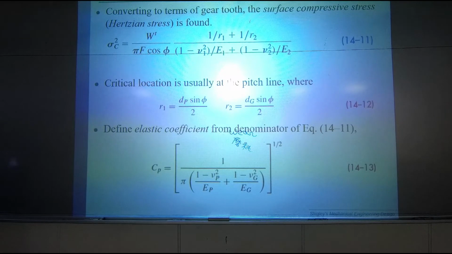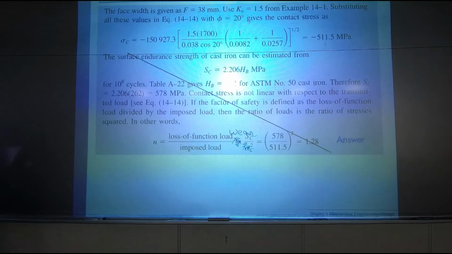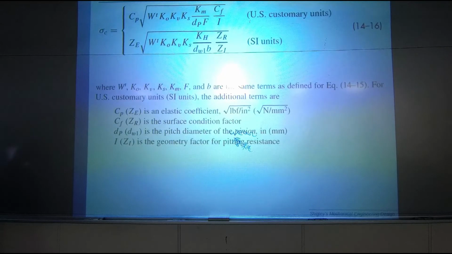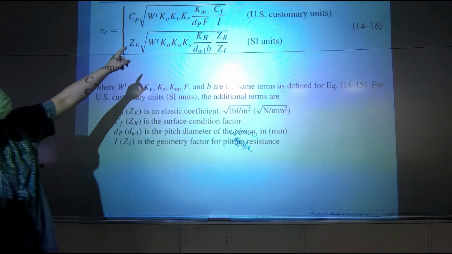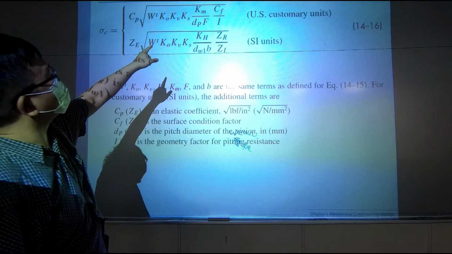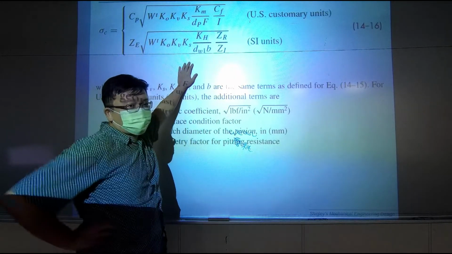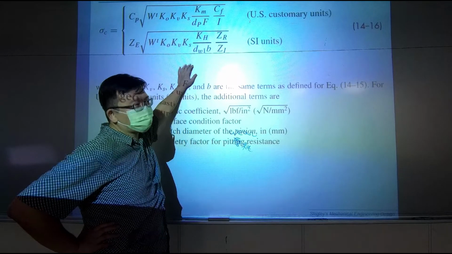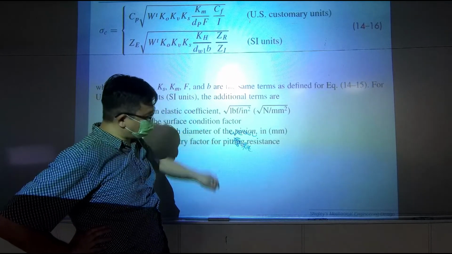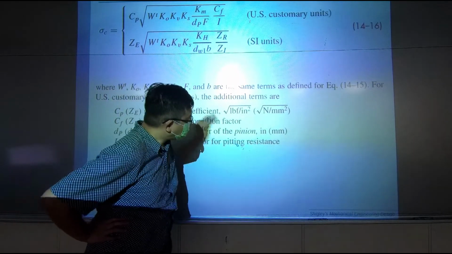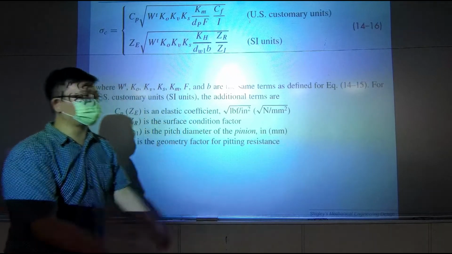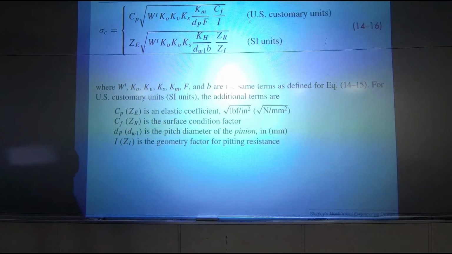Here we are talking about the contact stress. There's always a square root. So at the end, for contact stress, it's a bunch of equations as well, and you don't need to memorize it. Just be aware. For gear design, contact stress is also important.